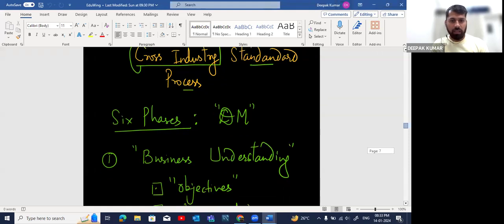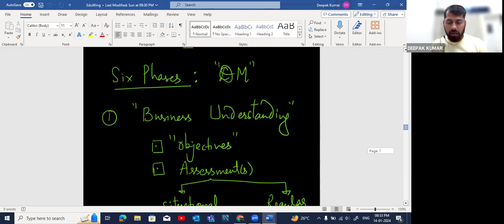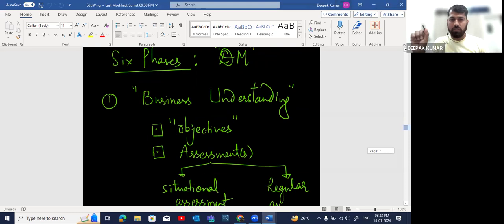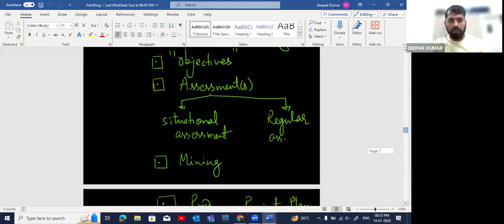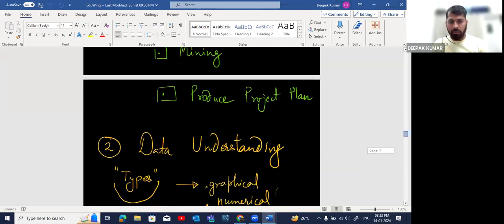Irrespective of the industry, we can apply these 6 phases of data mining. Data could be anything, either numeric or image or video or text or alphanumeric. In the previous classes we went through the 6 phases, including business understanding, whereby we understood the objectives, assessments, regulatory and situational factors, mining process, and produced the project plan.